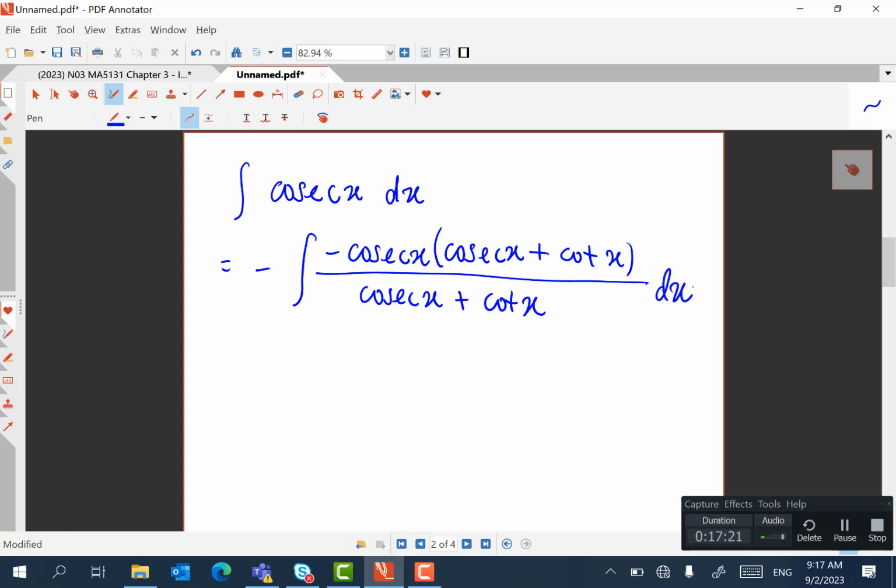I read the book. Let's face it, we learn from people. And because of this, I can now apply the formula. What formula do I apply? Formula 1 again. Sorry, formula 3. Formula 2 rather, formula 2. Remember formula 2? This becomes ln of the denominator.